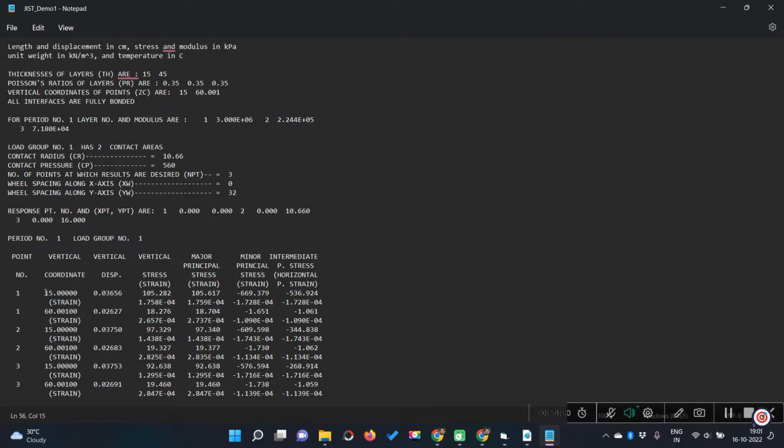So this 15, 60, 15, 60, 15, 60. Here it's not written, but you can see 1, 0, 2, 10.6, and 3, 16, so it's basically the y coordinates 0, 10.66, and 16.